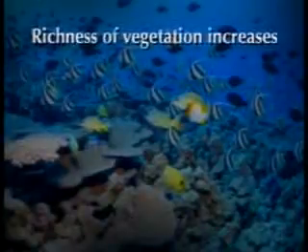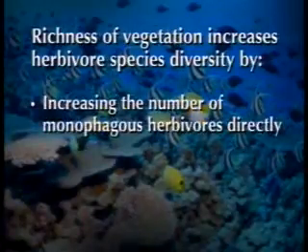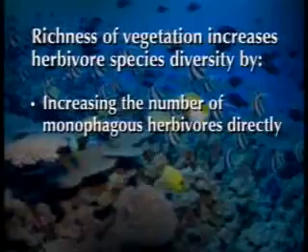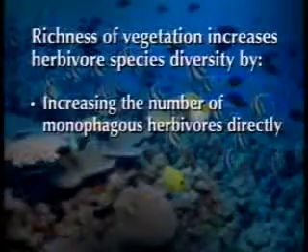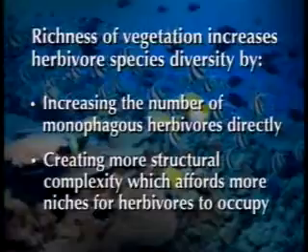And richness of vegetation increases herbivore species diversity in 2 important ways. Number 1, increasing the number of monophagous herbivores directly. That means those herbivores which just feed on a specific plant species. And second is creating more structural complexity, which affords more niches for herbivores to occupy.